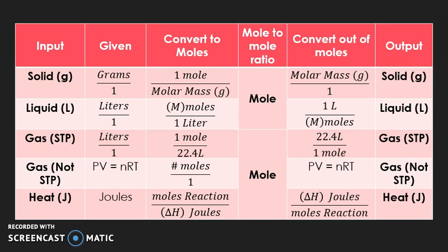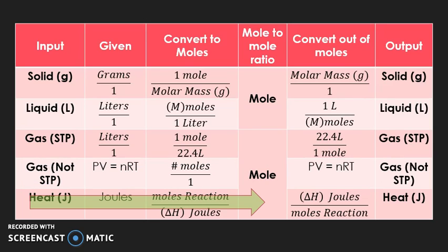And in order to convert to moles, you would have moles reaction on the top and the delta H number for joules on the bottom. After the mole-to-mole ratio, that ratio would flip. Delta H goes to the top, moles reaction to the bottom, and out the back end of it, you would get joules.